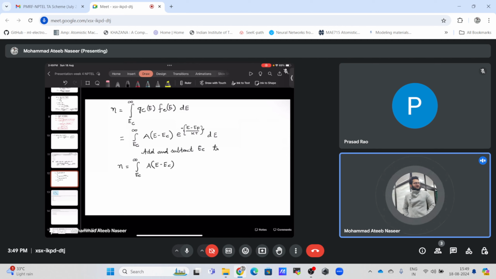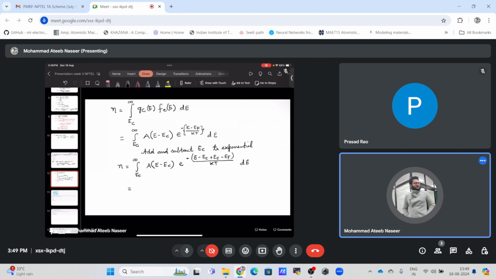exponential of minus (E minus EC plus EC minus EF) by KT. It will just help us to solve this problem much more easily.